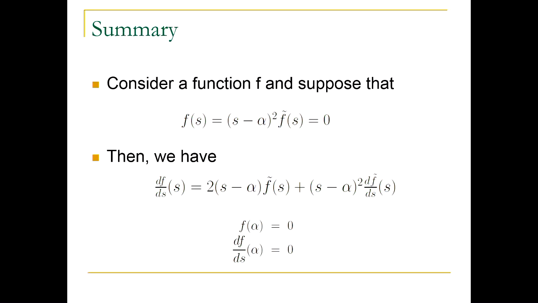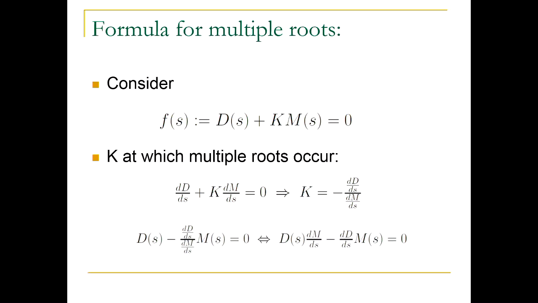Maybe this root has even higher multiplicity, but if you have the derivative and the function both being 0 at the same point, then definitely there is multiplicity at least 2. This is just an observation, but it gives us a formula for actually calculating points where branches of the root locus meet, which correspond to multiple poles of the closed loop transfer function.